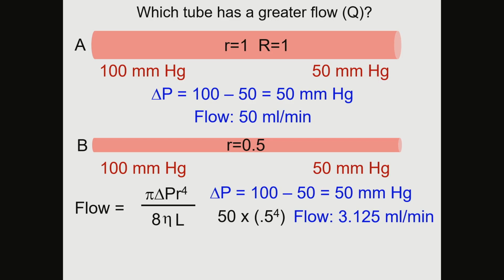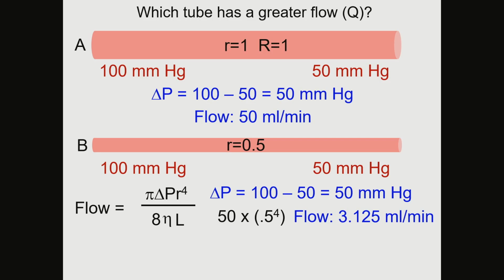So we have decreased that radius a lot, by half. And if I decrease radius, I increase resistance, and I decrease flow. Think about drinking that milkshake from a small tube versus a big tube.